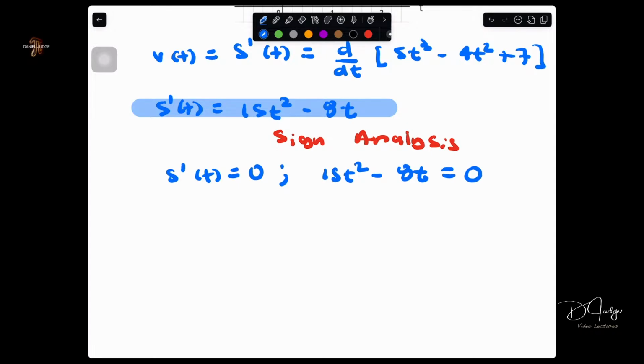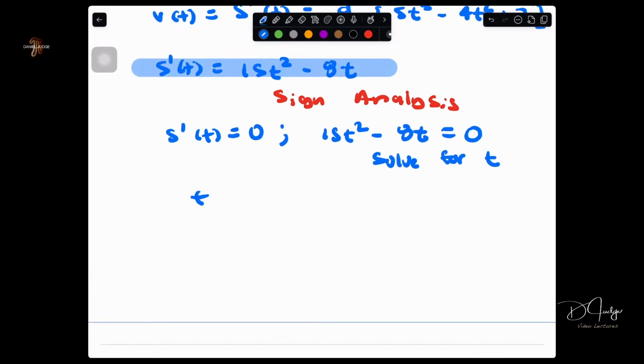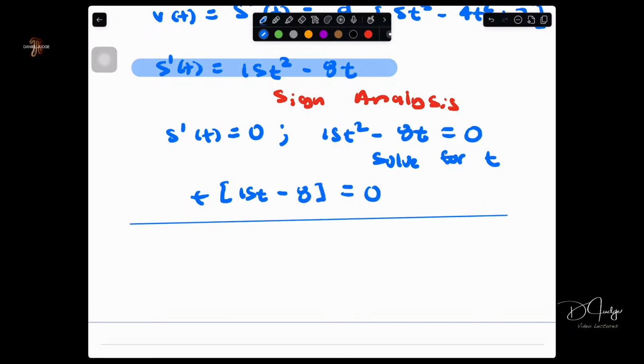We've got to solve for t now. This is beginning algebra, and the only way you can solve for t here is by factoring out your t. Then you have t times 15t minus 8 equals 0. You get t is 0, and 15t minus 8 is 0. We're using the zero product rule.